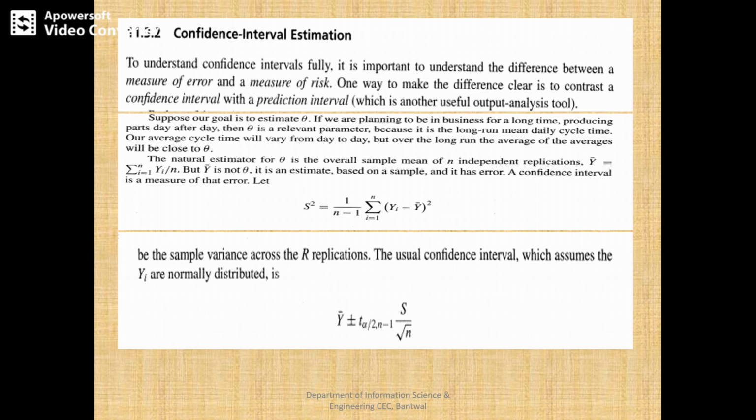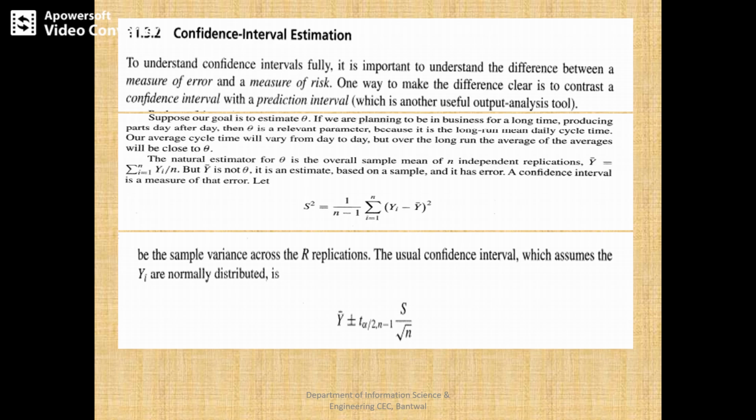The confidence interval measures this error. Let S squared equal 1 upon n minus 1 times the summation from i equals 1 to n of (Yi minus Y bar) whole squared, the sample variance across the replications.